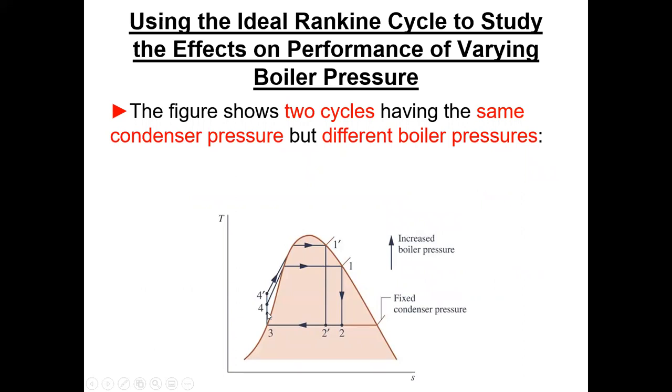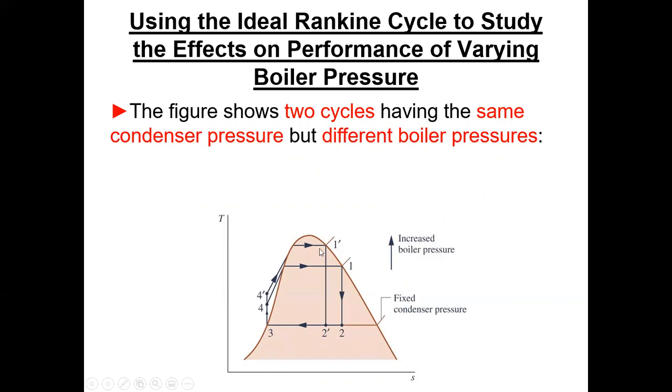The figure shows two cycles having the same condenser pressure, but different boiler pressures. So now we're going to look and see what happens if we increase the boiler pressure. Let's just go around the cycles. We have our same initial cycle: 1 to 2, the turbine; 2 to 3, the condenser; 3 to 4, the pump; and 4 to 1, the boiler.